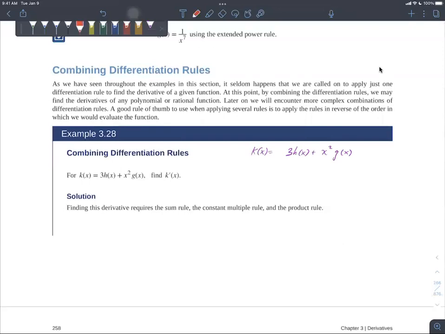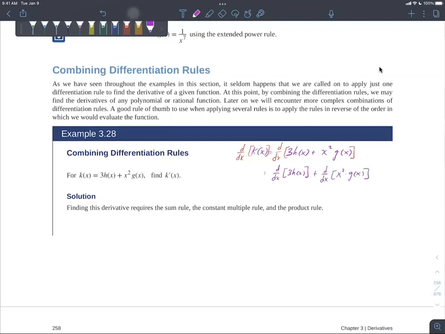If we want to find the derivative of k of x, then we just find the derivative of the other side as well. According to the sum rule, this is just going to be the derivative d/dx of the first of these functions, 3 times h of x, plus the derivative of the product x squared times g of x.